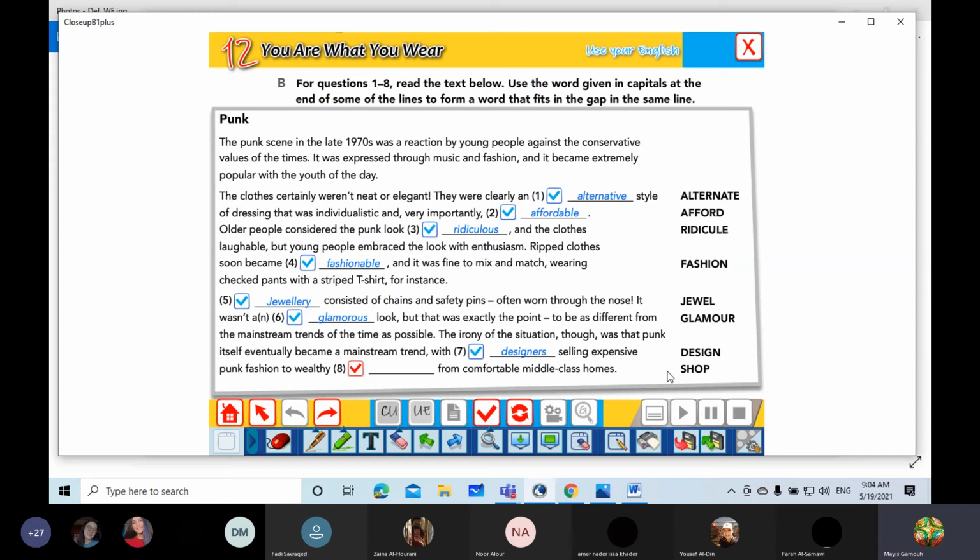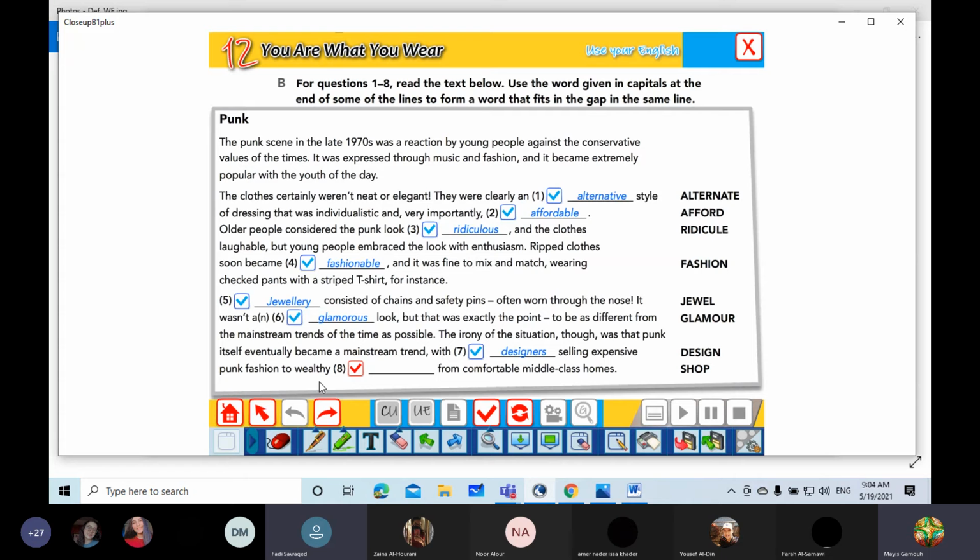Are you sure about it? Let's look at the sentence one more time. The irony of the situation, though, was that punk itself eventually became a mainstream trend, with designers selling expensive punk fashion to wealthy. Okay, they are selling that.